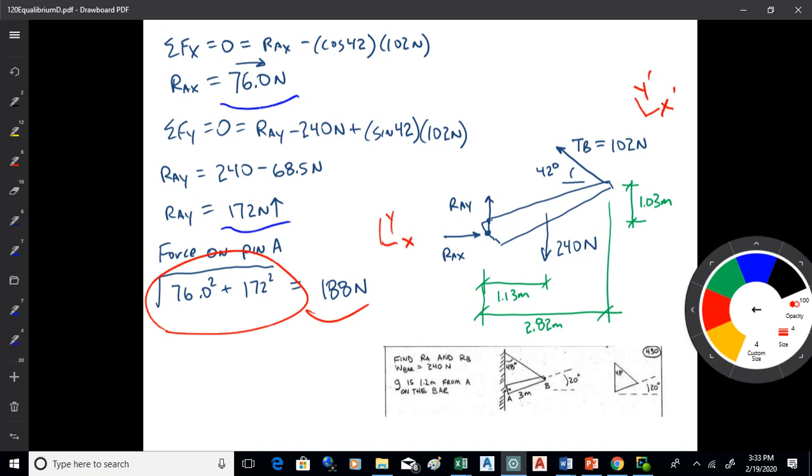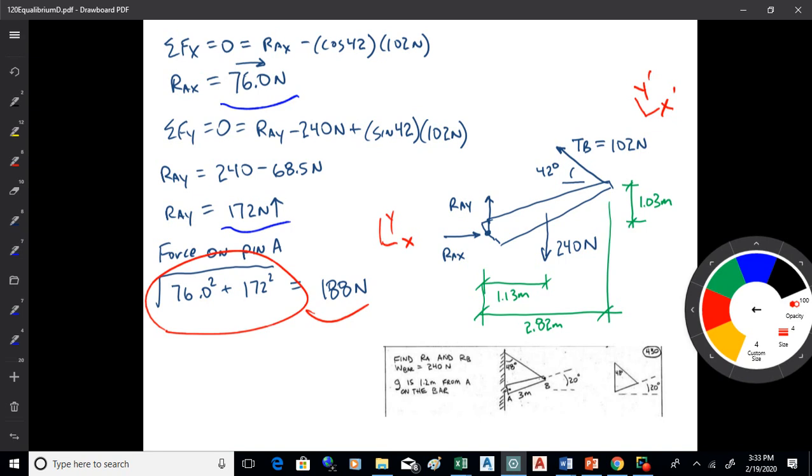So you want to kind of understand that little difference there. So that's one trick to get through an inclined problem. Questions on that? Okay. So that's one thing you might run into.